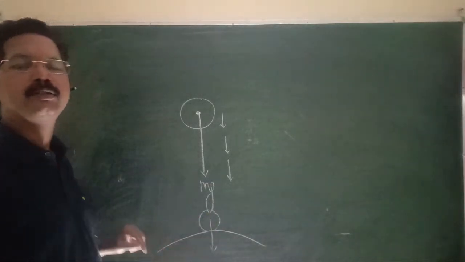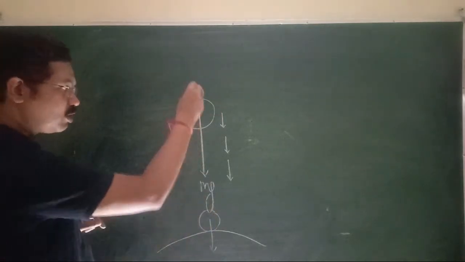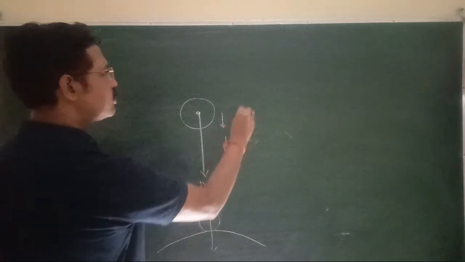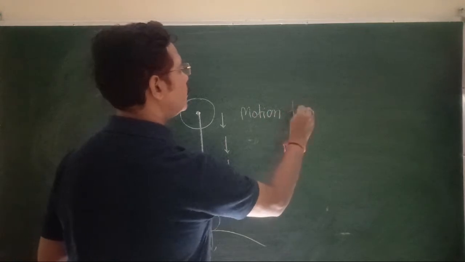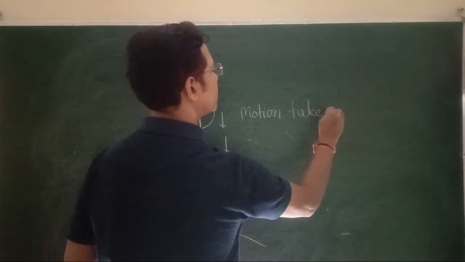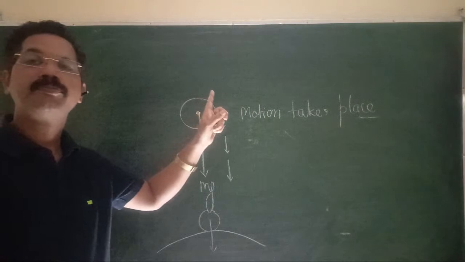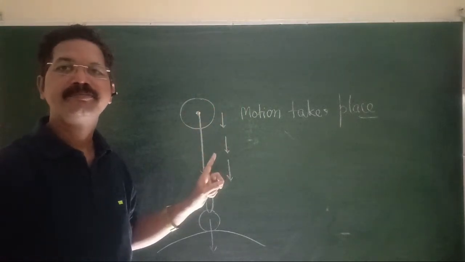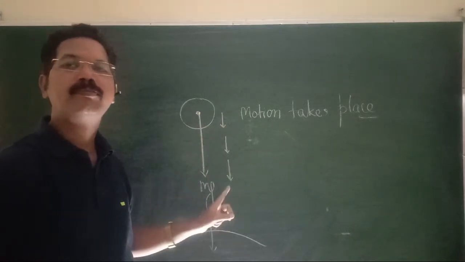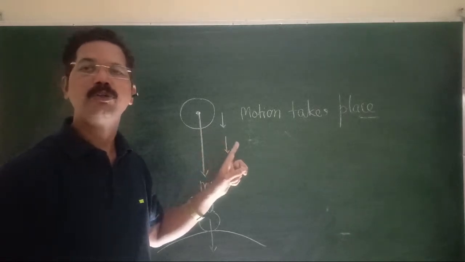Mg acts. So always there is motion of this body. Motion of the body takes place. No reaction force is acting. No friction force of the air is there. So mg is very large and air friction is very small. No friction of the air.